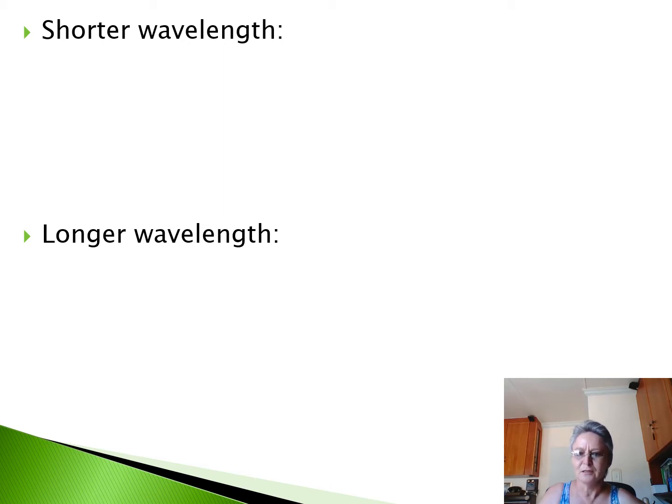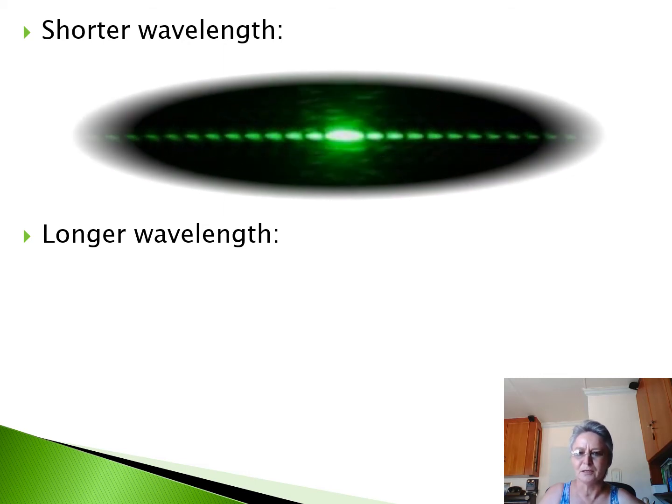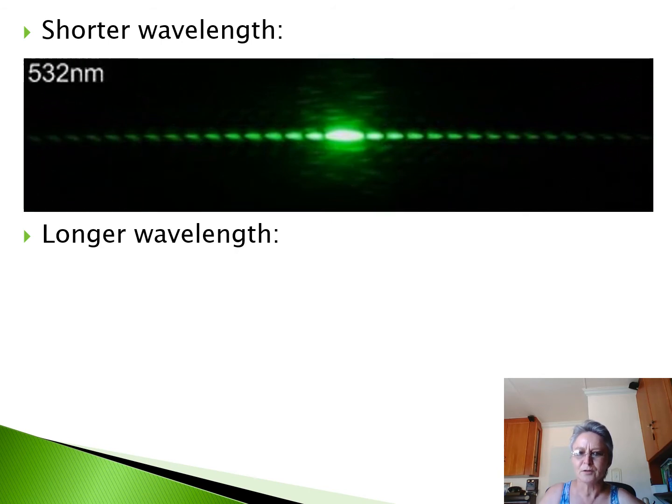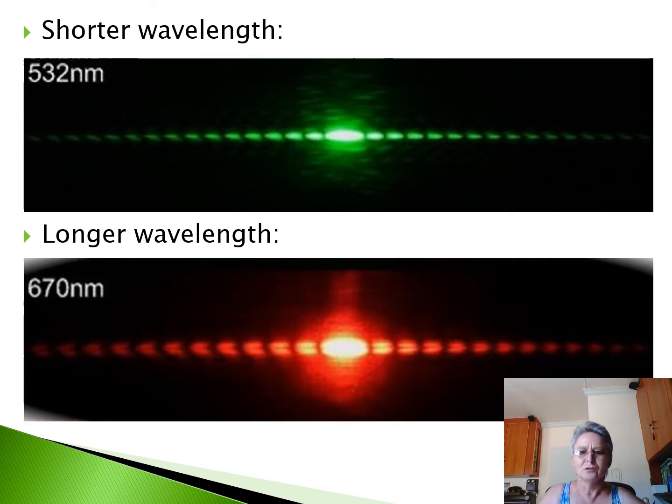So on this slide we're going to compare green light with a wavelength of 532 nanometers, that's 532 times 10 to the minus 9 meters, to the pattern formed by red light, which has a 670 nanometer wavelength.